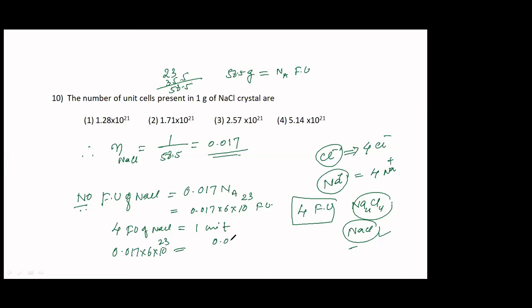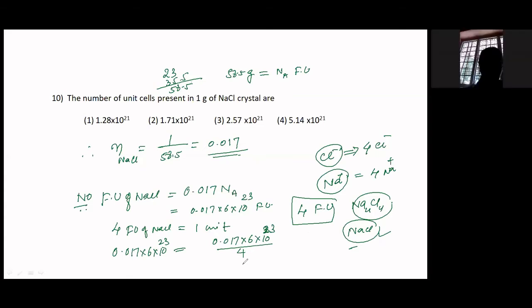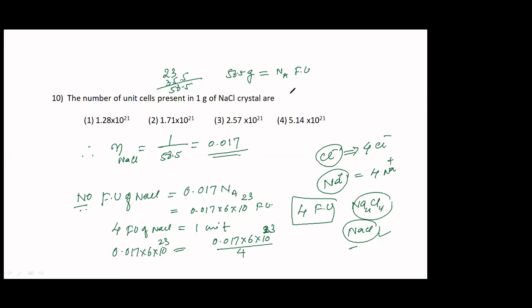So this will be 0.017 into 6 into 10 raised to 23 upon 4. Okay? So into 6 divided by 4. This is coming out as 0.02. Let me write it.